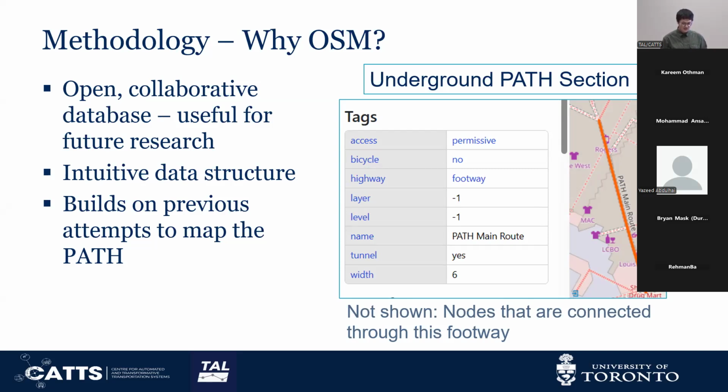Also, there have been some attempts to map out the PATH at various sections in the past. But we do see that a lot of that existing data lacked good accuracy and was missing data required for GTFS pathways. So we have to be very careful in updating that data and also to reflect recent changes to the PATH network.